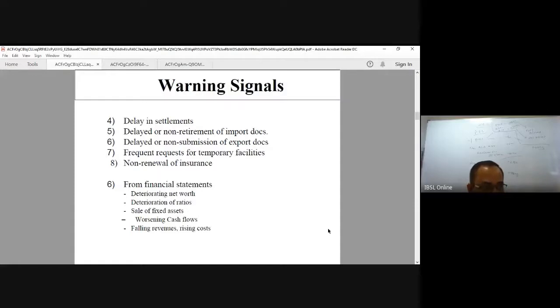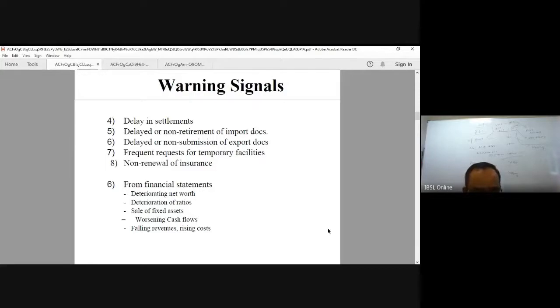So many a time the customer will come and retire the documents on the day they are going to take the goods out, so that they don't pay the bank more interest. So their funds are properly utilized. They wait for the message that the goods have arrived, then they come and retire the import documents and go. So if the import documents are lying with you and they are delaying, then there is a problem. He has a cash flow issue, right?